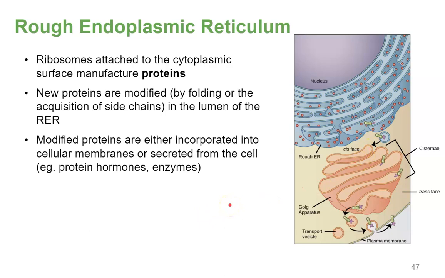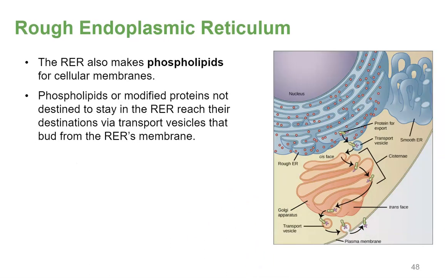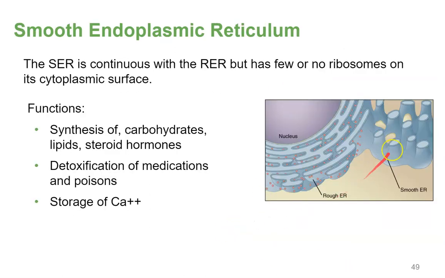So again, remember, proteins can be hormones, they can be enzymes, they can be structural proteins, they can do a lot of things. They can be embedded on the membrane here at the end as well. The RER can also make portions of phospholipids, and the phospholipid portion is added to the other portion, which is created by the smooth endoplasmic reticulum.